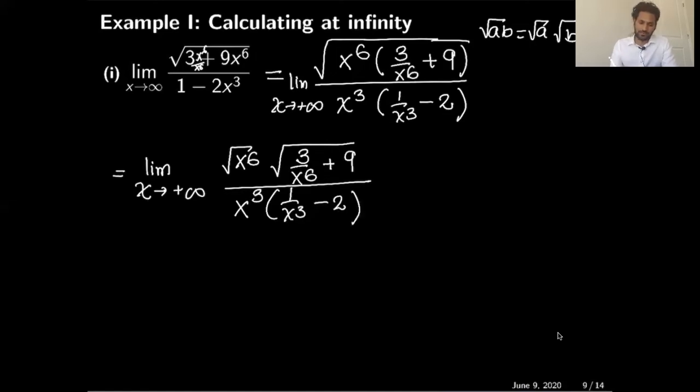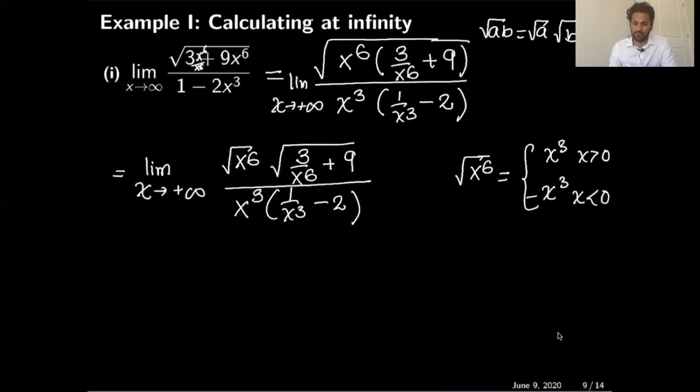Here we simplify: the square root of x to the power 6 is x to the power 6 to the 1/2, which will be x cube if x is positive, and minus x cube if x is negative, because it is the absolute value of x cube.